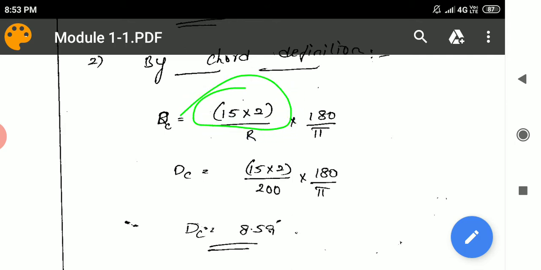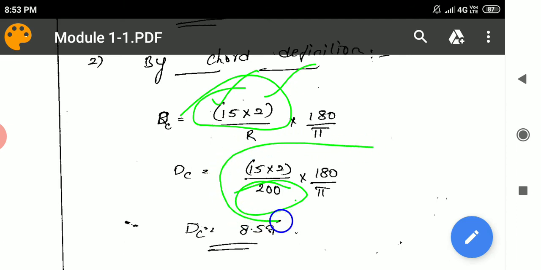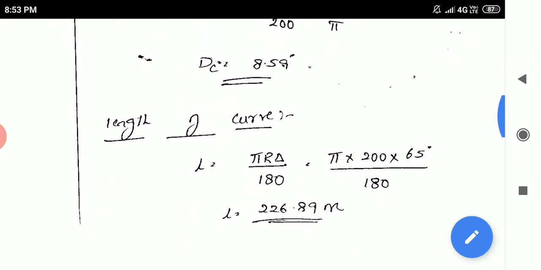I am having a 30 meter chord, so I will get 15 into 2. So I will put the R value, and the formula is 15 into 2 divided by 200 into 180 divided by pi. So we will get the DC value.